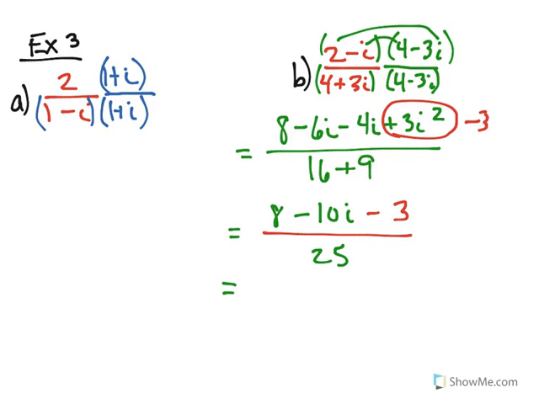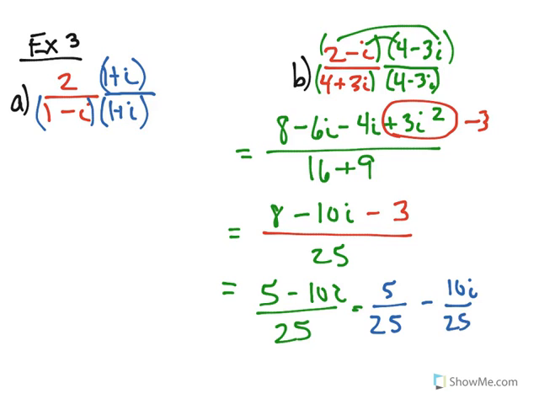Now I can combine the 8 and minus 3, and so I get 5 minus 10i over 25. Break it up into two fractions, and I get 5 over 25 minus 10i over 25. And when I reduce that down, I get 1/5 minus 2/5 i.